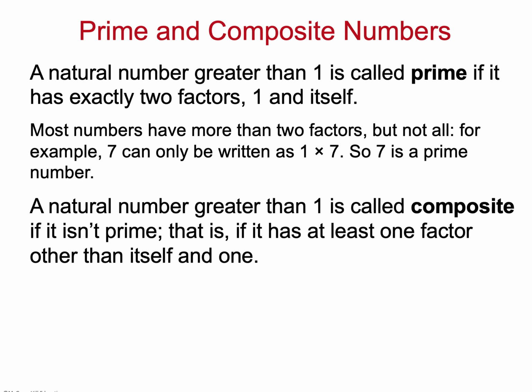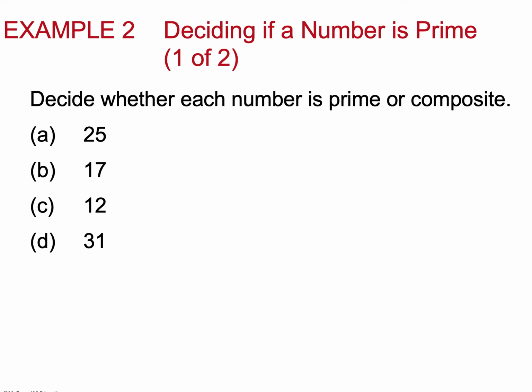Prime numbers are numbers that have 2 factors, 1 and itself. Therefore, 1 is not a prime number because you need 2 factors. So 1 and 1 is the same number, which is why 1 is not prime. If you have more than 2 factors, then we call it a composite number.